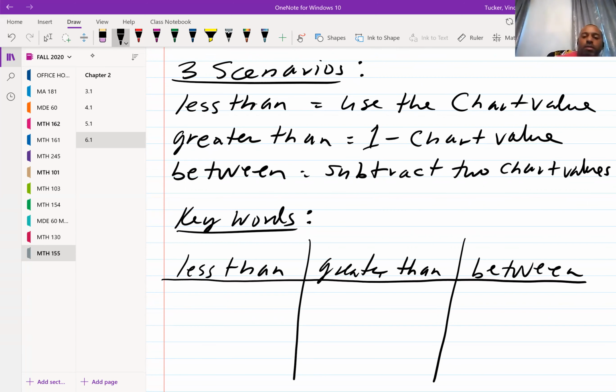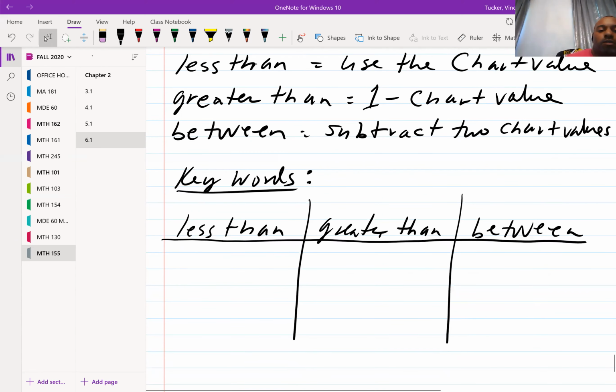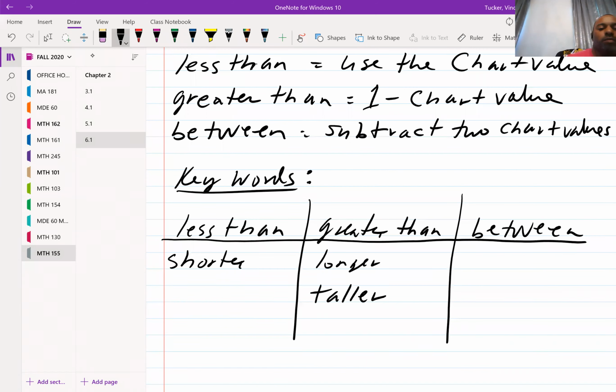And then as mentioned before, there can be keywords that will dictate whether it's less than or greater than. So for less than, we just saw shorter, and longer, taller, below, colder.